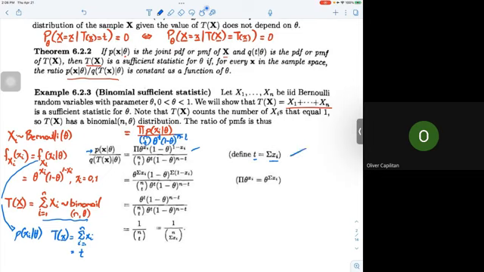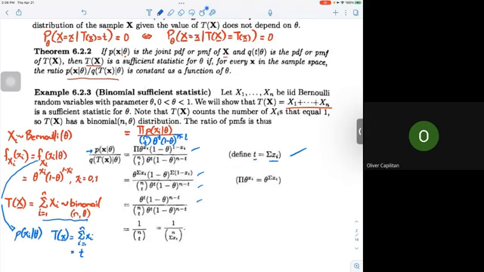And then taking the joint PDF in our numerator, so we have the product here, the product of theta, then we have this in our numerator for our PDF. And this is for our denominator, the PMF rather, the PMF of our sufficient stat. And then simplifying, since the summation of X sub I is T, then we have this.